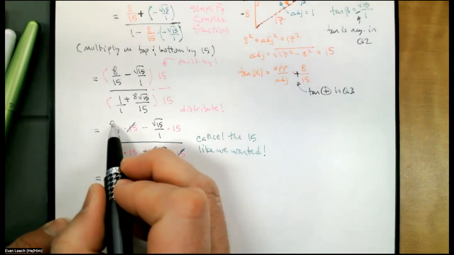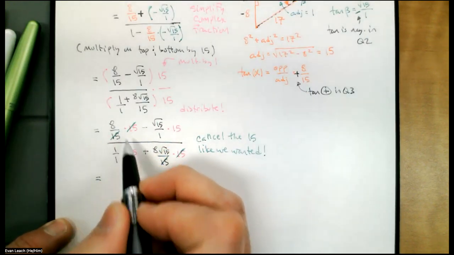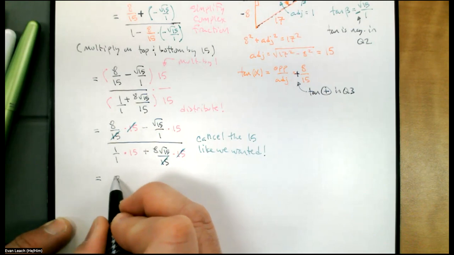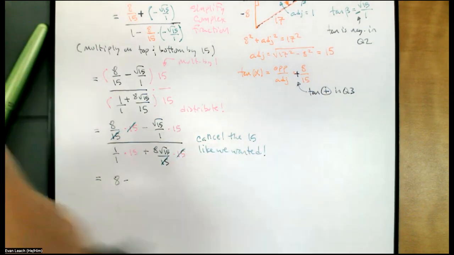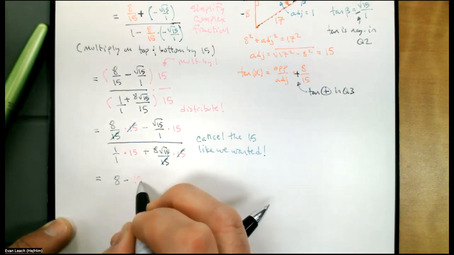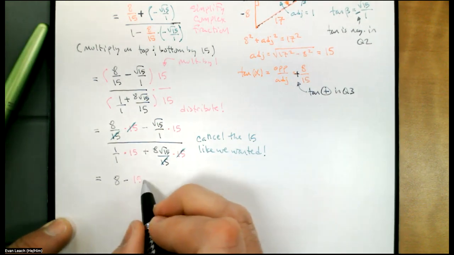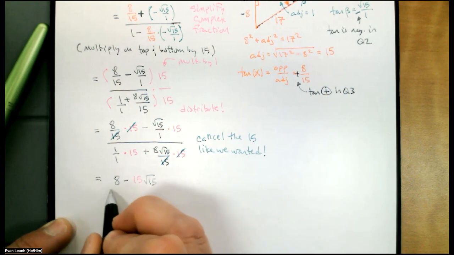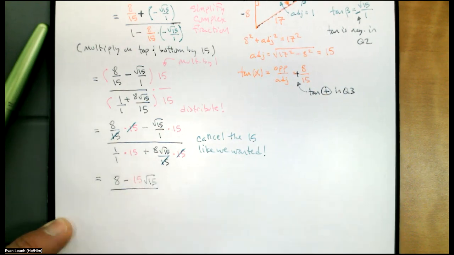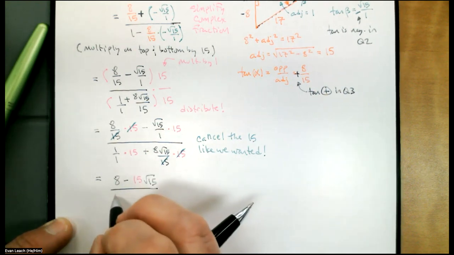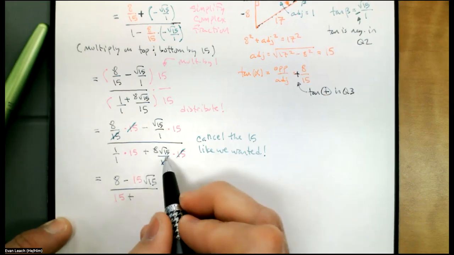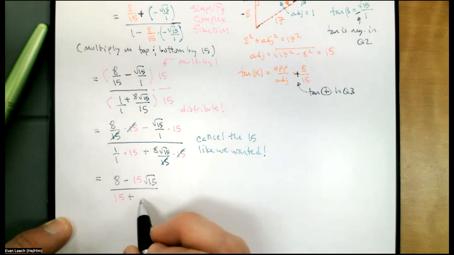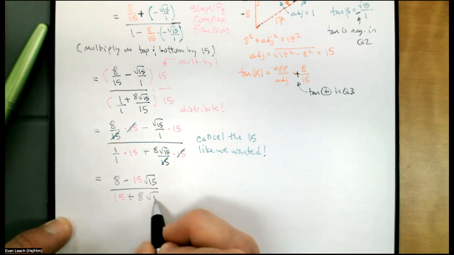Now what we have over here is 8 over 15 times the 15. The 15's cancel, we're just left with 8. But over here, I still have the 15. In the denominator, I've got this 1 times 15, that's all 15. And in this term, the 15's cancel, so I'm left with 8 square roots of 15.